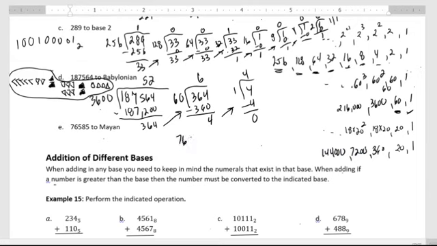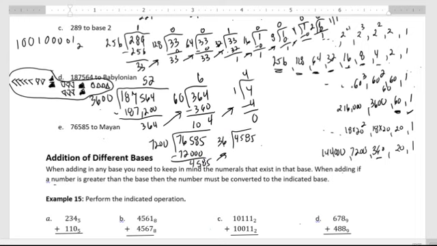So our number is 76,585. We're going to divide by 7,200. So that goes in 10 times. So 76,585 minus 72,000 is 4,585.